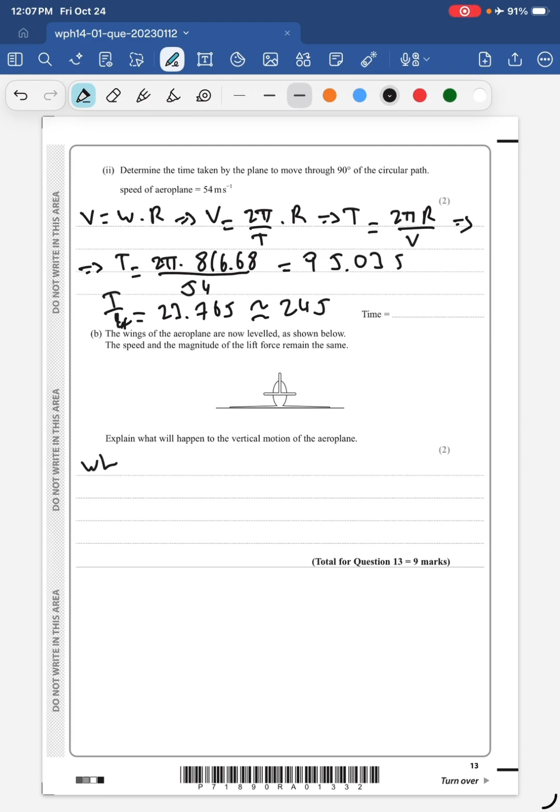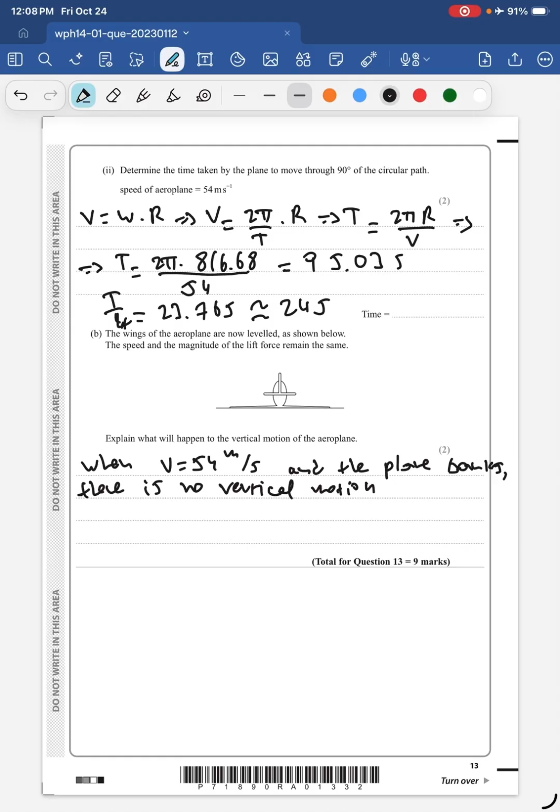So when v is 54 meters per second, and the plane banks, there is no vertical motion, as we agreed earlier. Hence, L times cosine of 20 degrees is m times g.